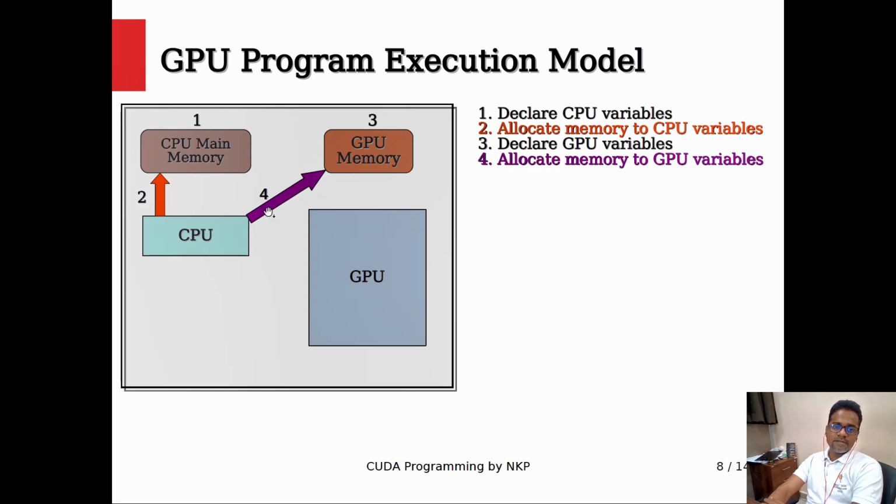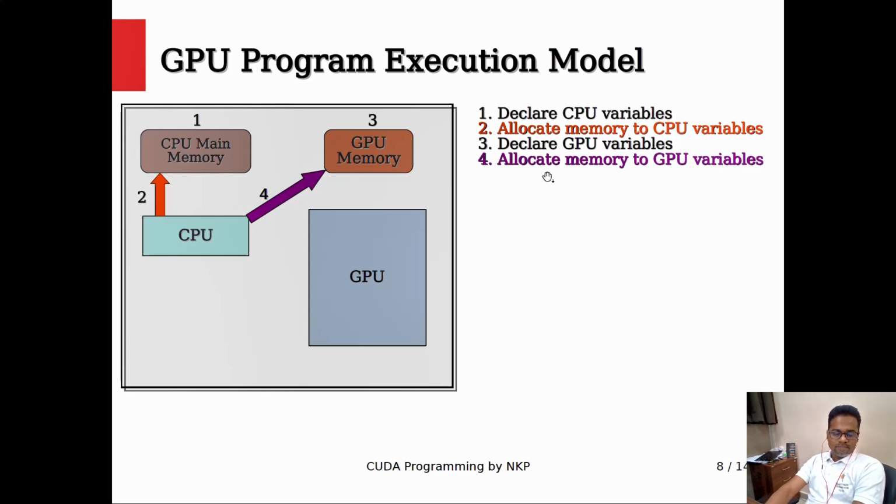For that reason, we declare variables on the GPU side and allocate memory on the GPU side to hold the data required for the computation. Also we allocate memory to the GPU variables. So this is step number 4.